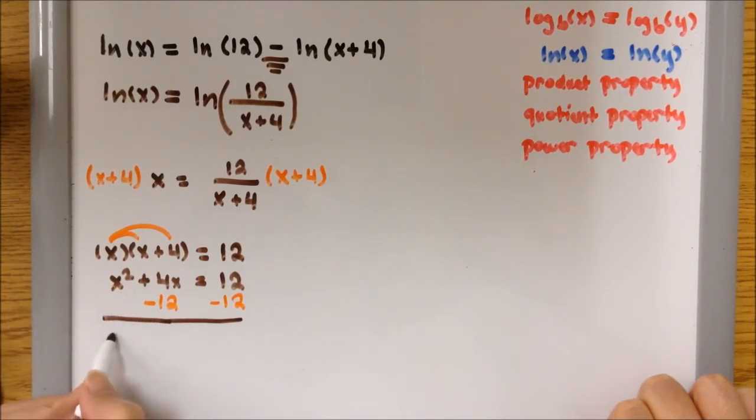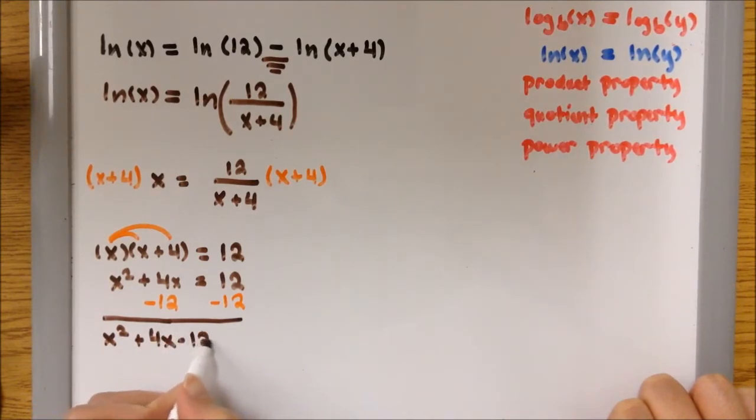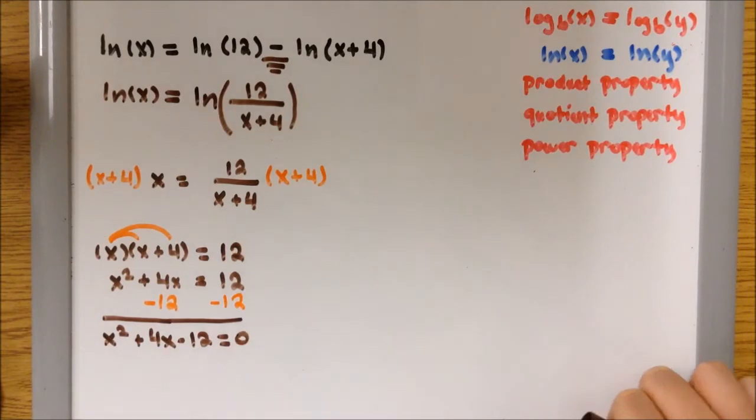So what we're going to have is x squared plus 4x minus 12 equal to 0. Alright, so now we have everything on the same side. Then you can factor using factors of C, sum of B.